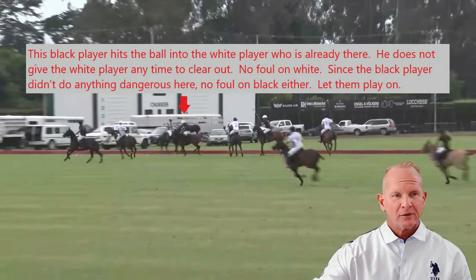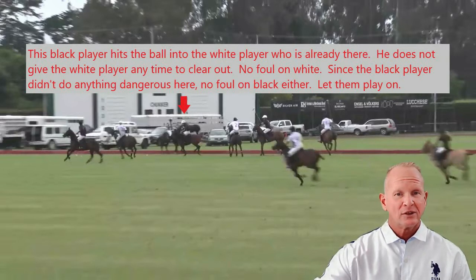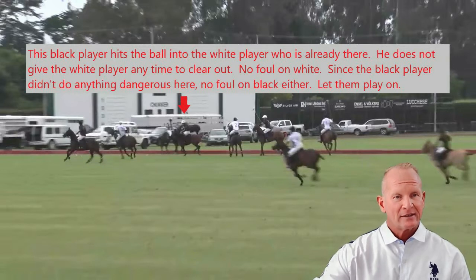If you bring the ball into the back of another player and it hits their horse, or they are in a position where they're blocking you from continuing forward, that is your problem and that is no foul. And it might be a foul on you if you make contact with them. That's dangerous riding. Now, if you do bring the ball into the back of another player, that player has the duty to clear, right or left, quickly.